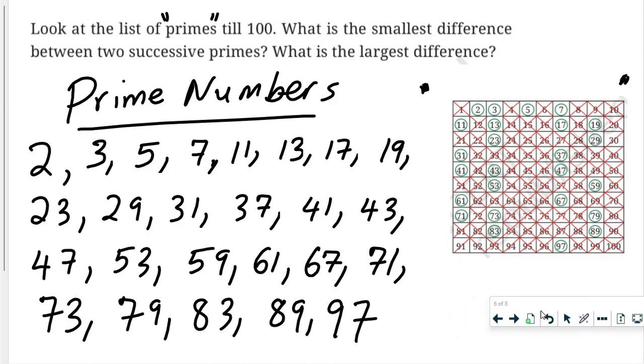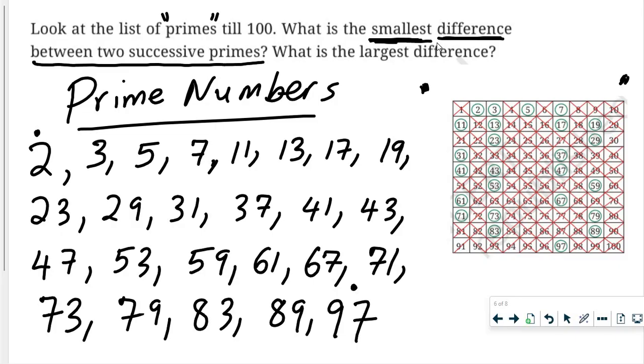Now, what is the smallest possible prime number? The smallest possible prime number is 2. What is the largest in this list? The largest is 97. Now let us answer the question: what is the smallest difference between 2 successive primes?